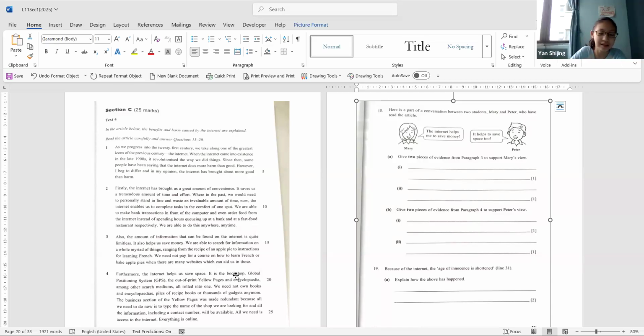Do we have to do question 19? Yes, yes. 19A and B, both all in, except summary.